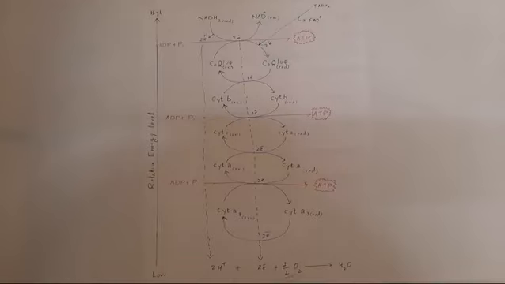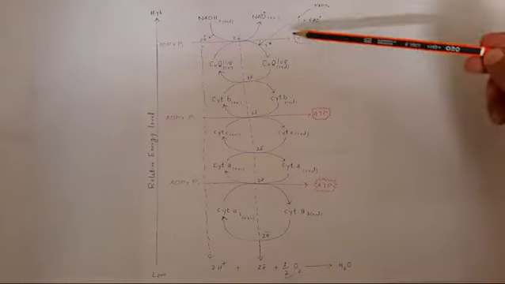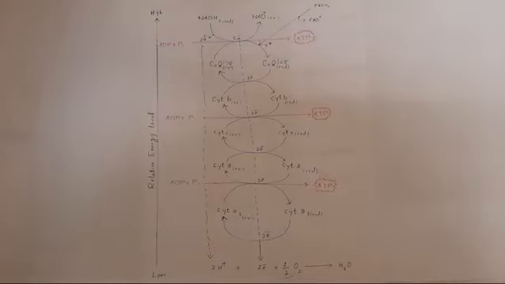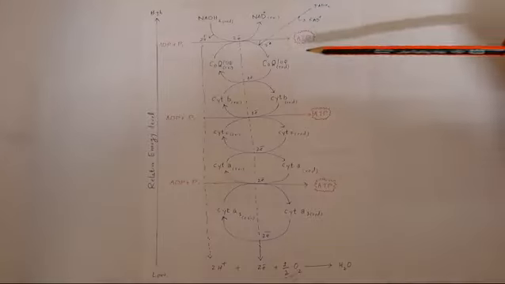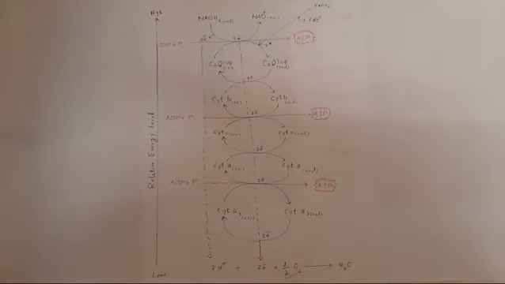The pairs of hydrogen atoms released from glucose during glycolysis and Krebs cycle of aerobic respiration are not received directly by oxygen, but pass along a series of electron carriers called coenzyme Q and cytochromes.